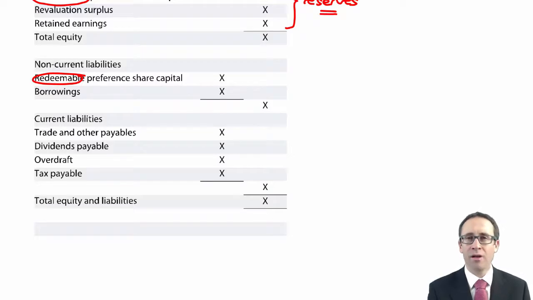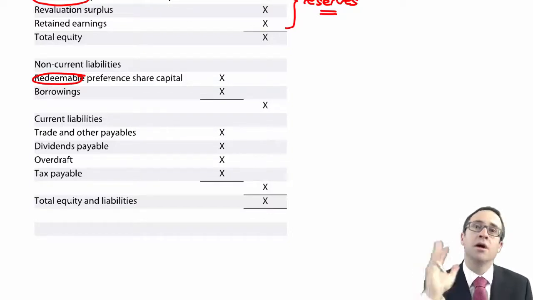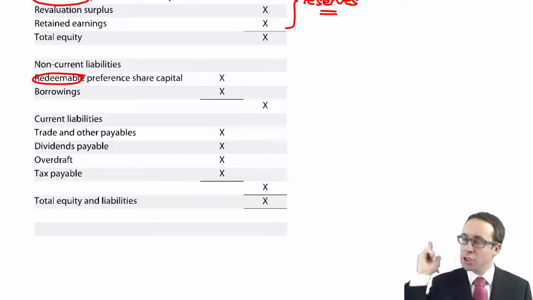So property, plant and equipment, investment property, intangibles, inventory, receivables, cash, cash equivalents, issued share capital and reserves all need to be disclosed. Your separate liabilities for current and non-current, with regards to payables, overdrafts, tax payables. But I think you understand. Everything that's shown there needs to be disclosed.